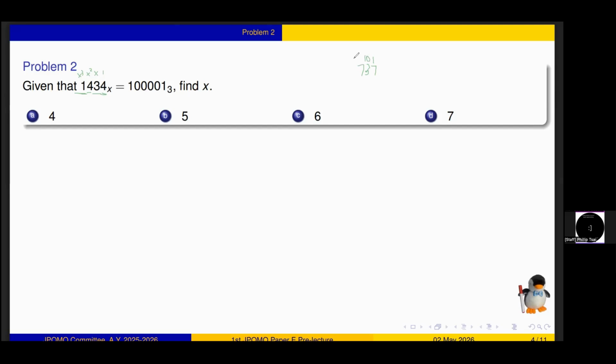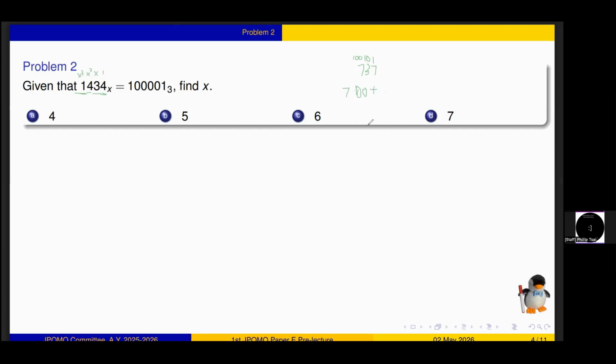And similarly for 7, each digit in this place has value equal to 100. So you can think about it as 7 times 100 plus 3 times 10 plus 7 times 1, or 737.